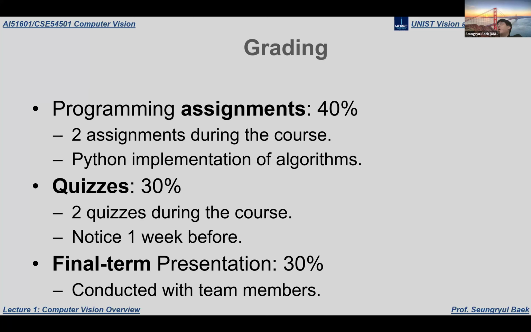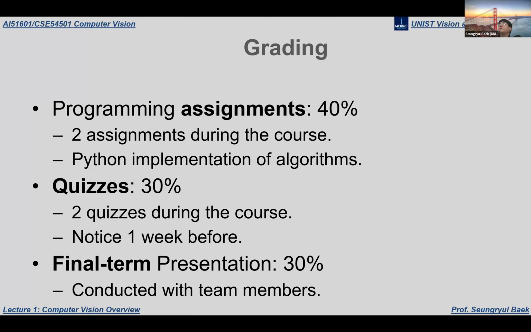And there will be two quizzes. There is no midterm or final term exams, but instead we have two quizzes during the course. So right before midterm, right before final term week, we will take two quizzes. The first quiz will be about general deep learning, machine learning and computer vision things.